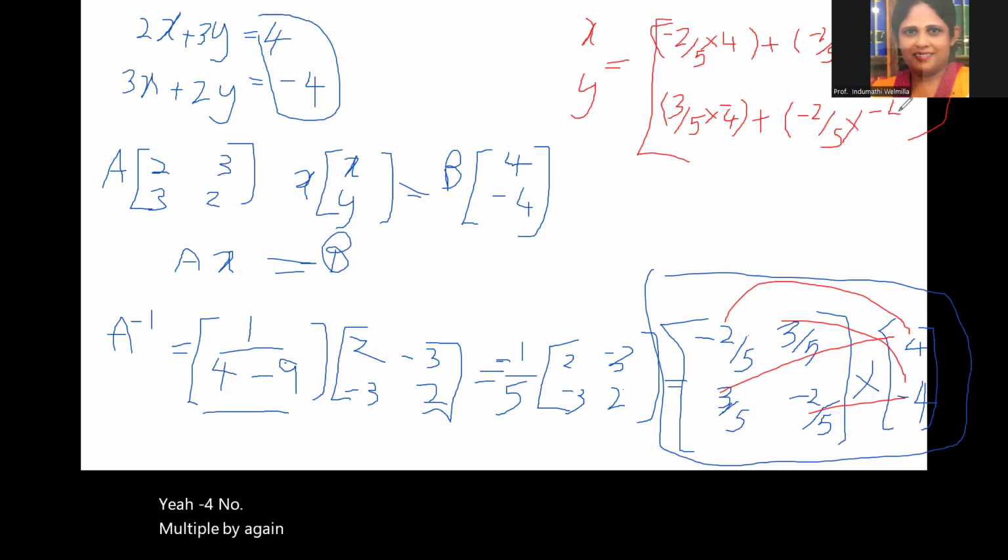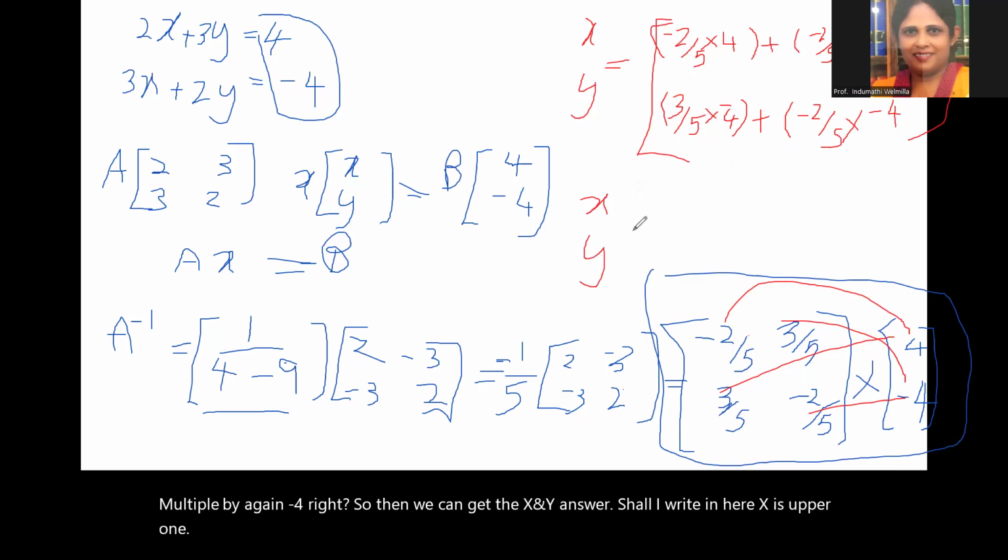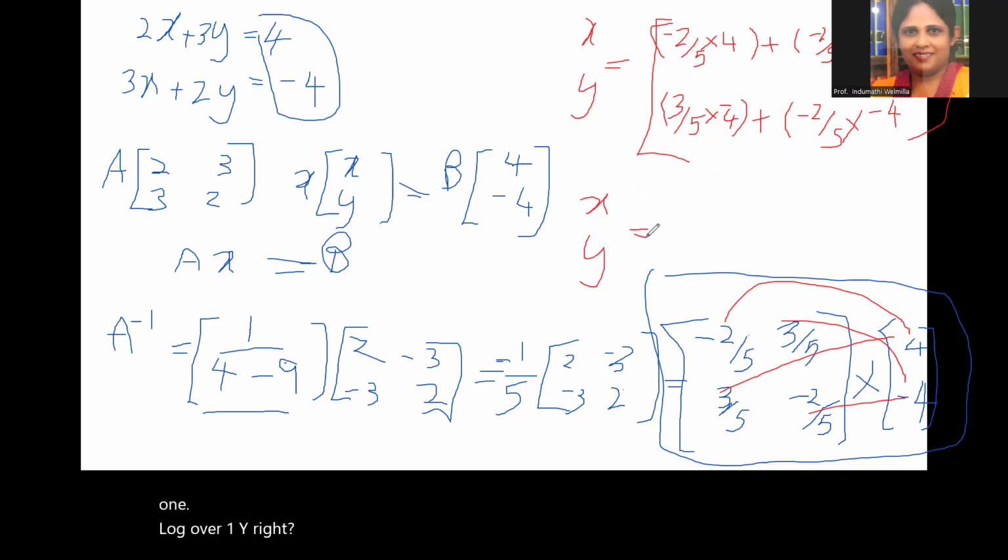So then we can get the x and y answer. Shall I write in here? X is the upper one, lower one is y, right? So now try to answer.